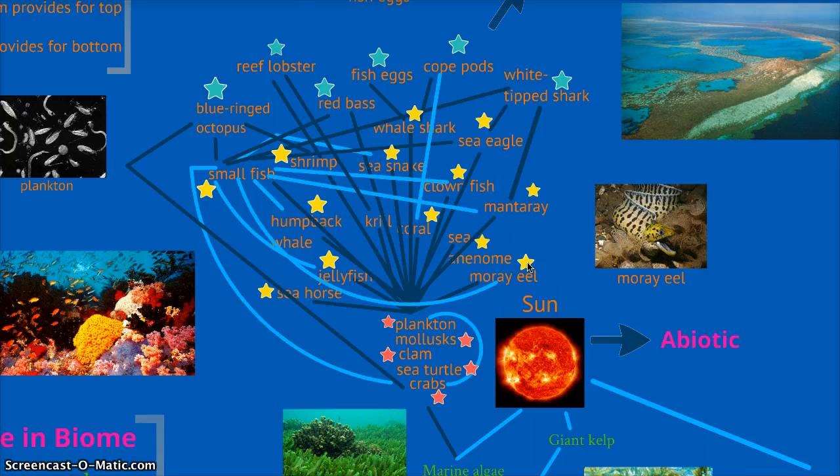There are a lot of different smaller food chains within this entire thing, including sun provides for marine algae, which provides for plankton; plankton provides for small fish; and small fish provides for the red bass, the white-tipped shark, the sea eagle, the clownfish, the sea snake, the manta ray, the humpback whale, the moray eel, the jellyfish, and the crabs.